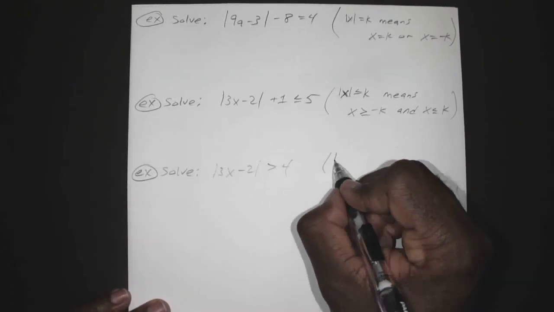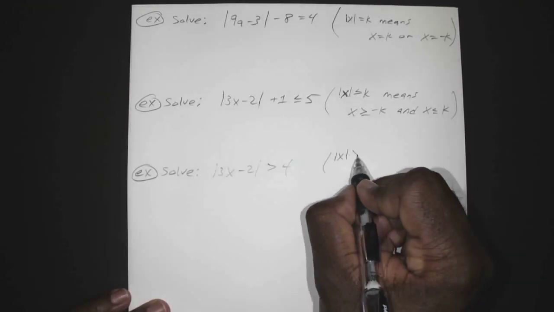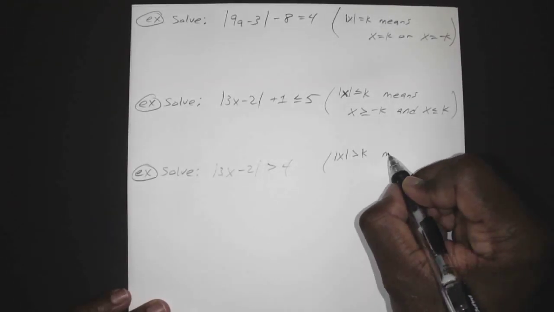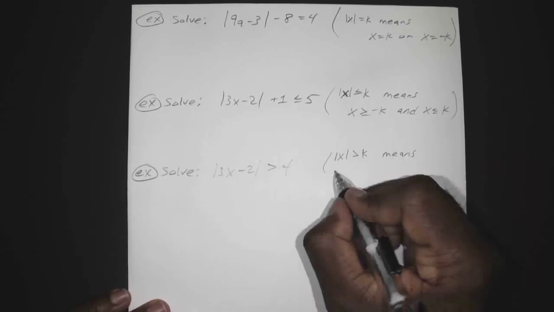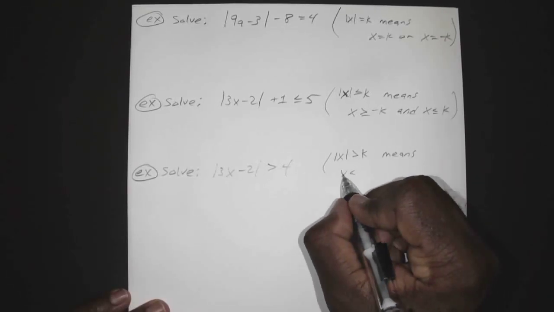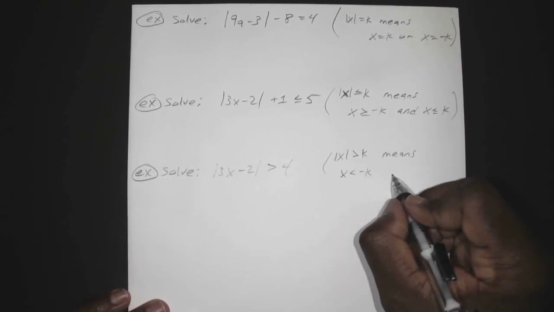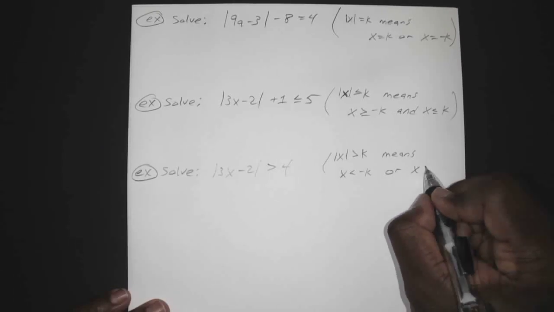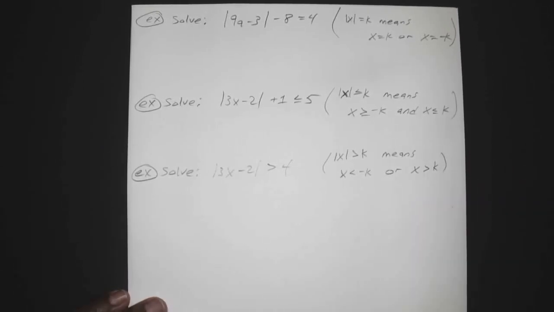For this one, absolute value of x is greater than k means that x is less than negative k, or x is greater than k. Okay, so those are all three general solutions you would use for those.